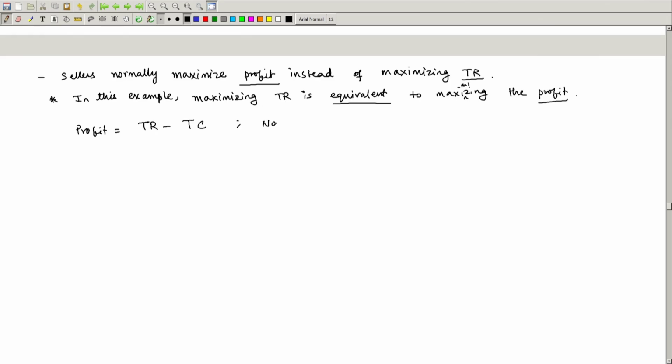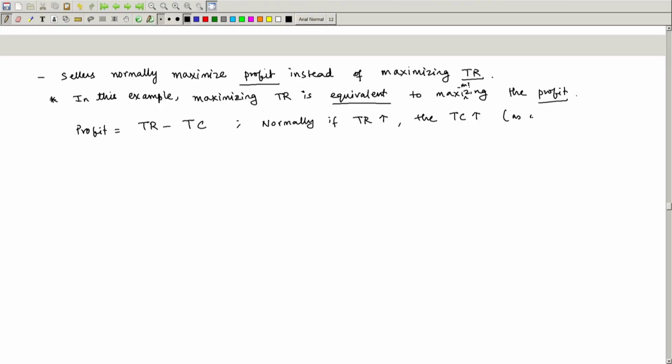Normally, if total revenue increases, the total cost also increases. So, if I see that my revenue has increased, why? Because perhaps my sales have increased. So, price times quantity, let us say demand is elastic, so we are operating on the elastic portion of the demand curve.